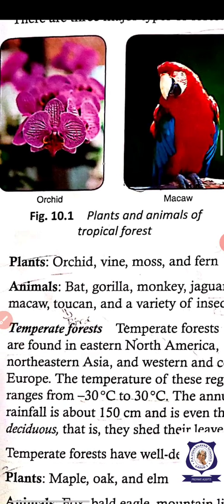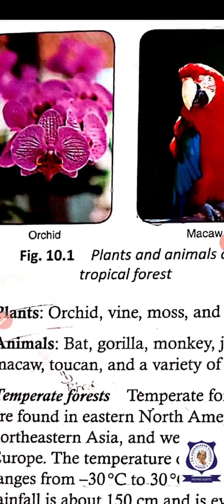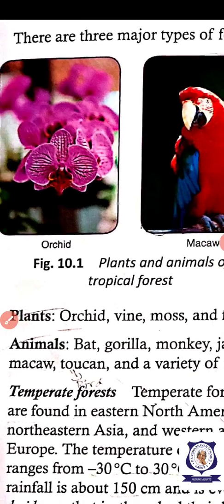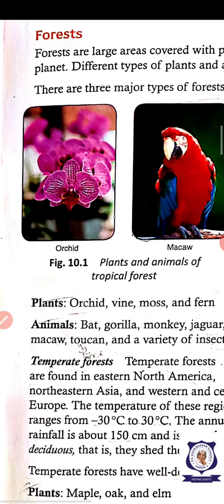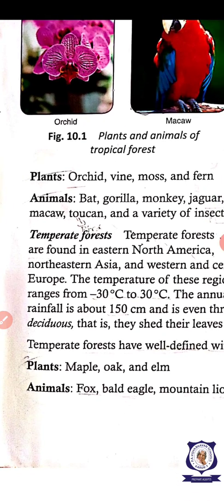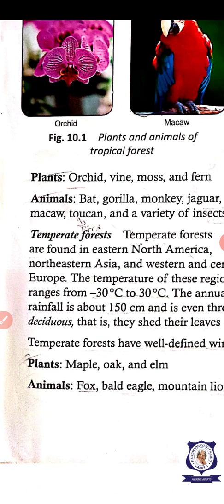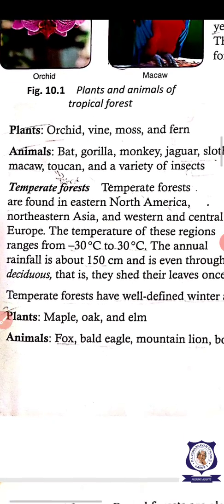You see the picture here, orchid flower you see. This is the orchid. So orchid plants and vines, mosses and all are there. Animals: bat, gorilla, monkey, jaguar, macaque, and a variety of insects will be there in the tropical forest. Next, temperate forest.